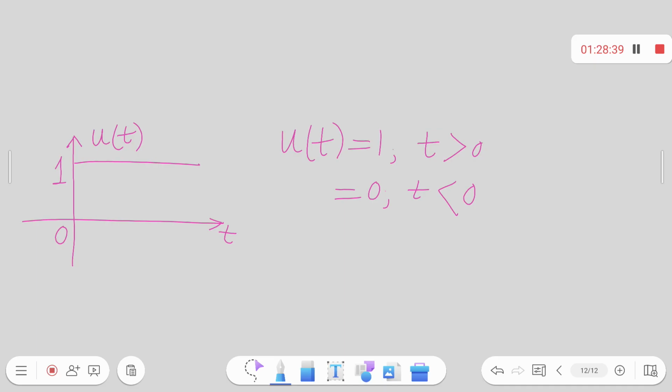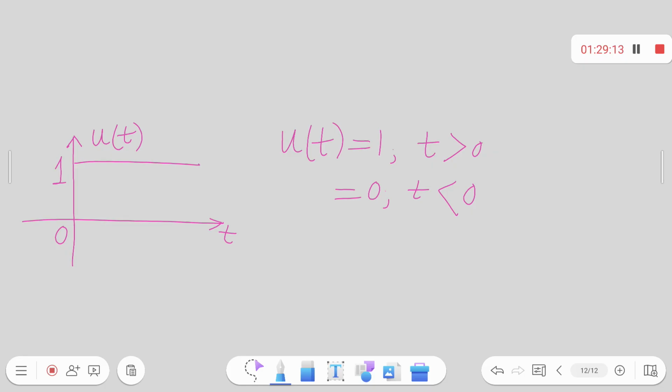Now you tell me, is this signal an even signal? Odd signal? No, it is neither odd nor even, but you can decompose it into odd and even components. Fine, u of t.